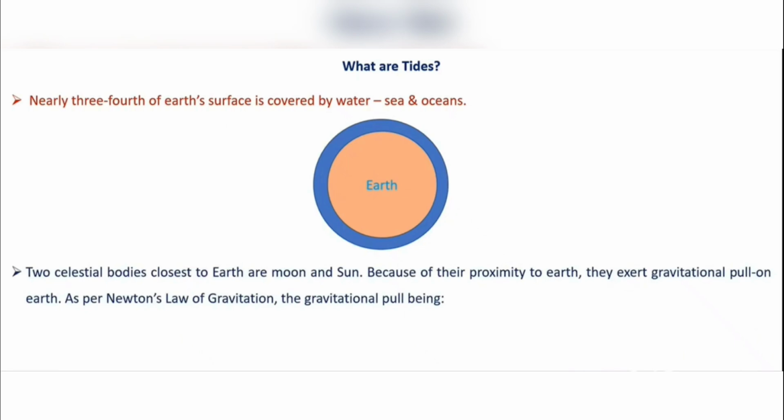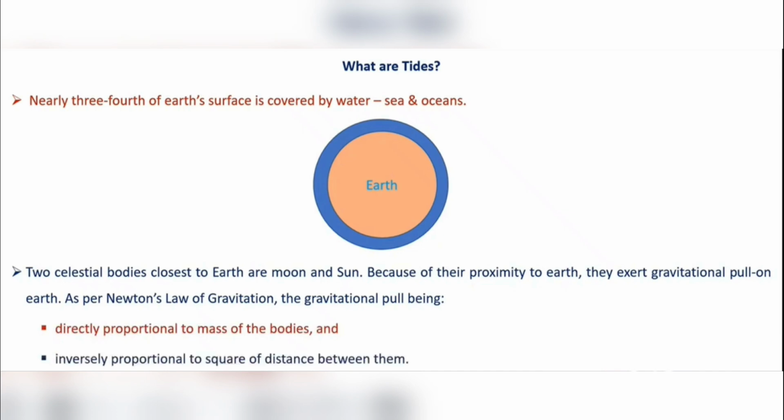Because of their close proximity to the Earth, they exert gravitational pull on Earth. And this gravitational pull, which is exerted as per Newton's law of gravitation, is directly proportional to the mass of the two bodies involved and inversely proportional to the square of distance between them.